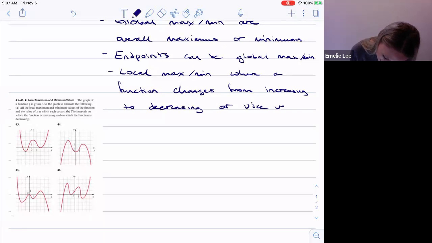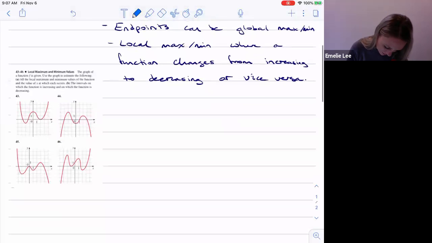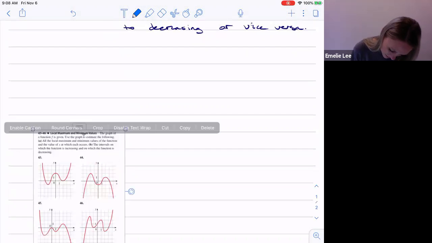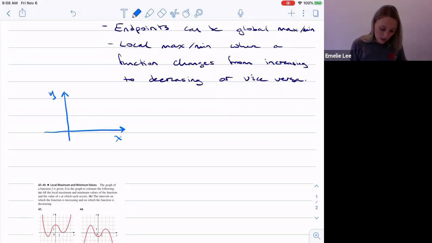Imagine you've got something like this. Let me move this down a little bit more. Let's say you've got a graph like this, with your x, y axis, and something that looks like this.